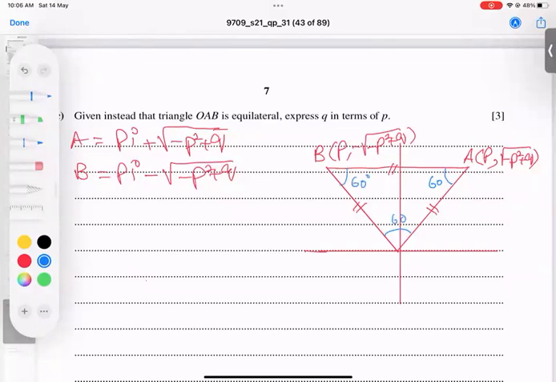And because the diagram is symmetrical, naturally 30 is here. If this is 30 degree, this small 30, then 100% 60 comes here.